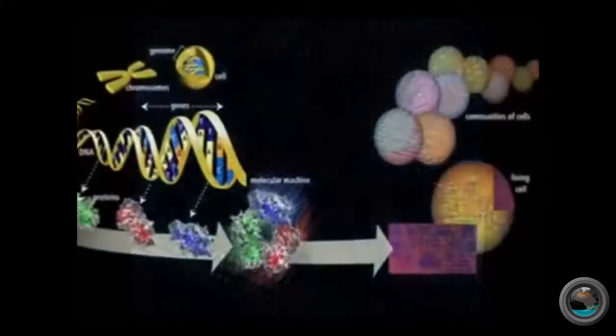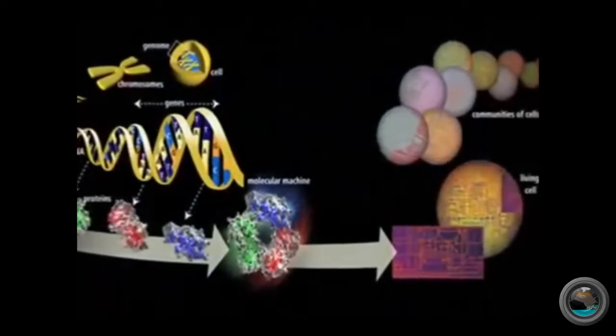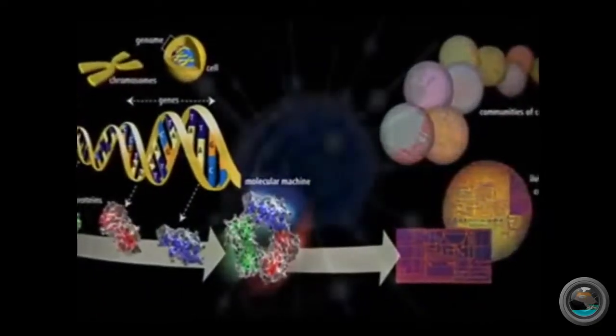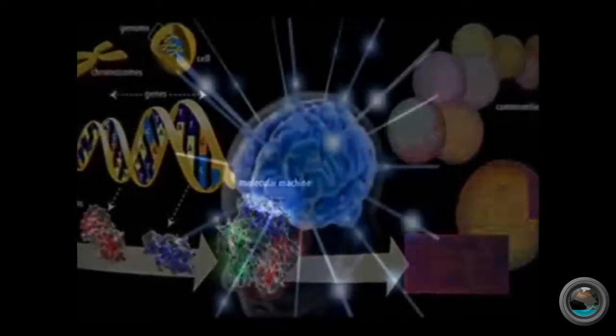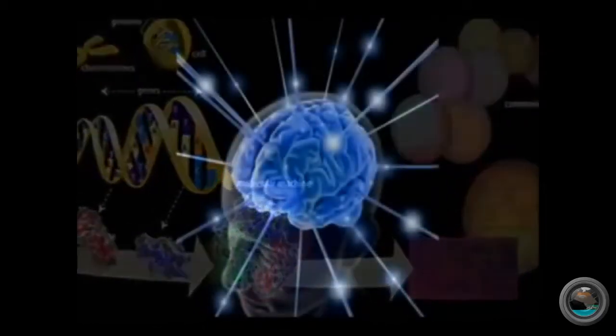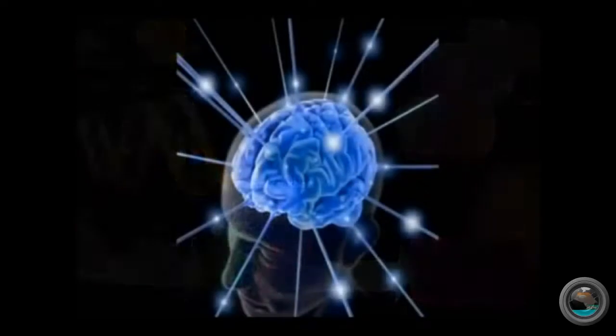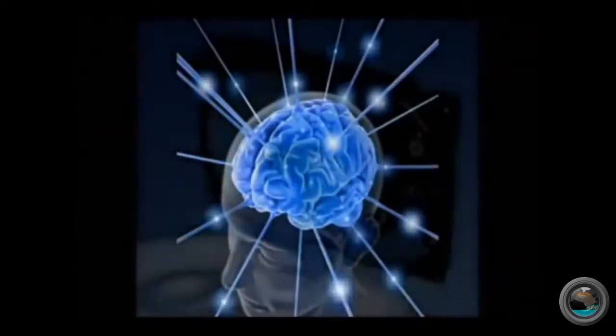So each cell has a copy of the entire kernel. But amazingly, each cell chooses to activate only the relevant parts, which modules or which drivers it loads, so to speak. If a cell needs to do something or call a function, it calls up the right piece of the genome and transcribes it into RNA.